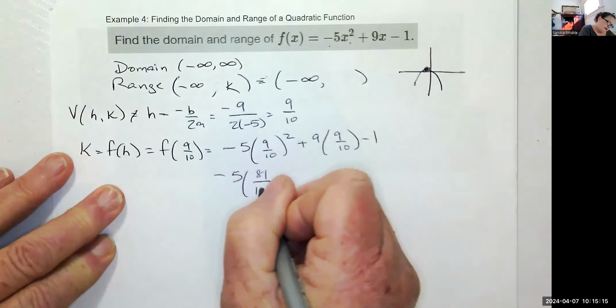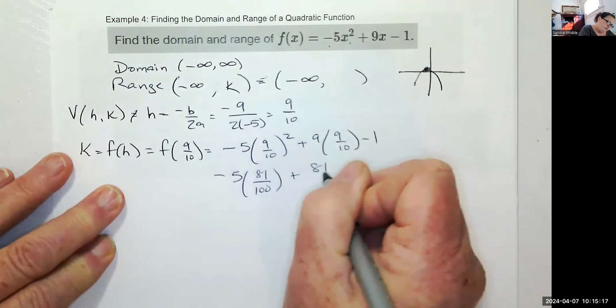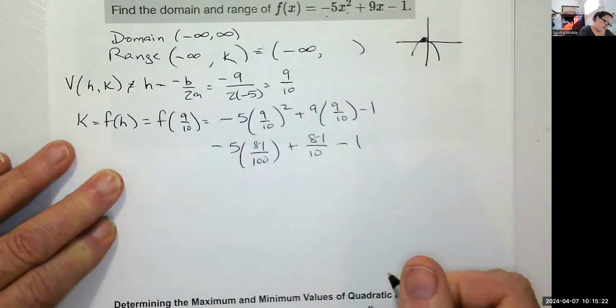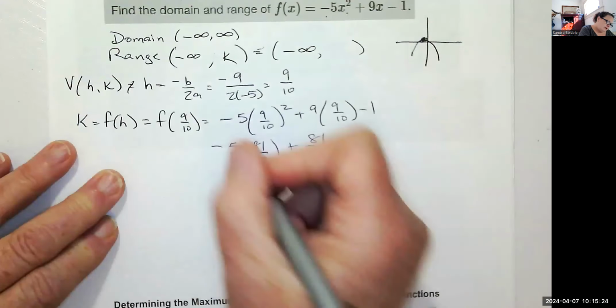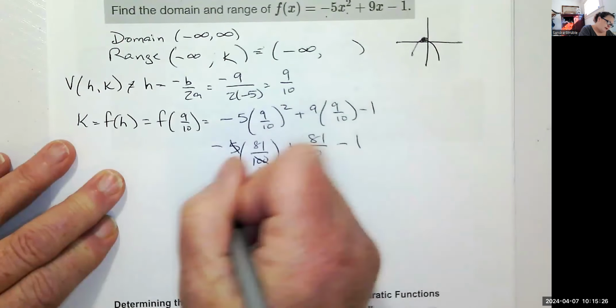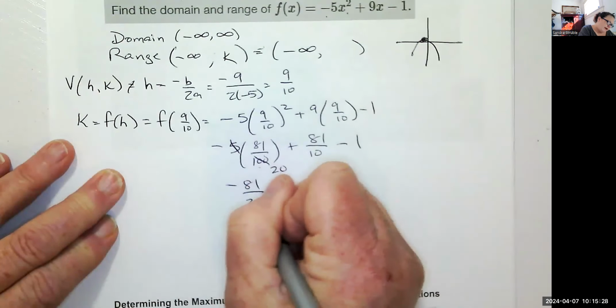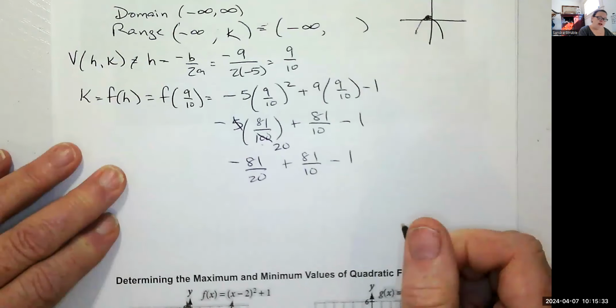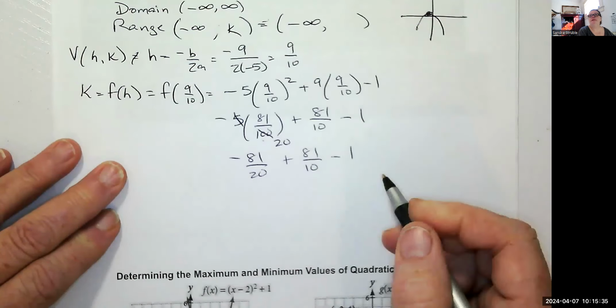Negative 405 over 100 plus 81 over 10 minus 1. I can reduce this, 5 and 20. So it's negative 81 over 20 plus 81 over 10 minus 1. I can make my denominators all 20 just to make this easy.